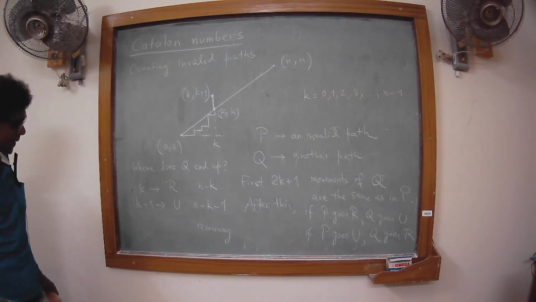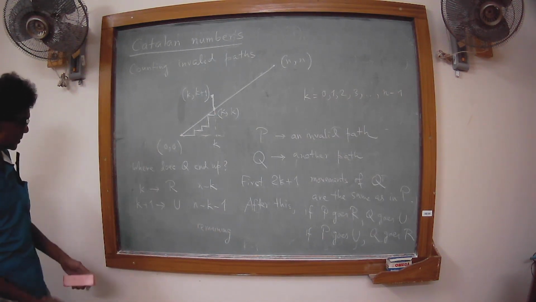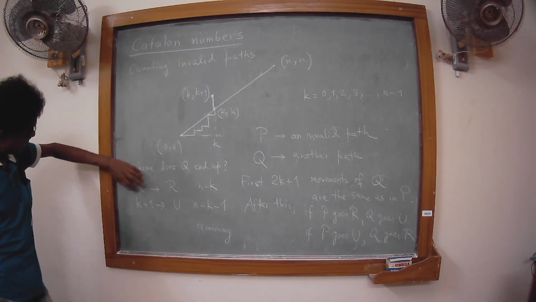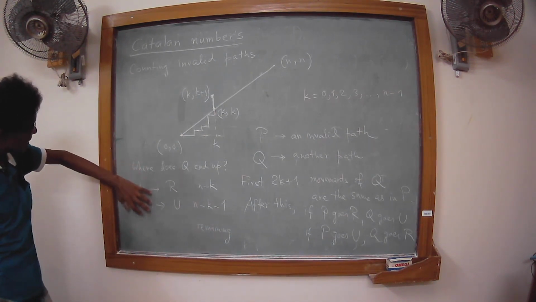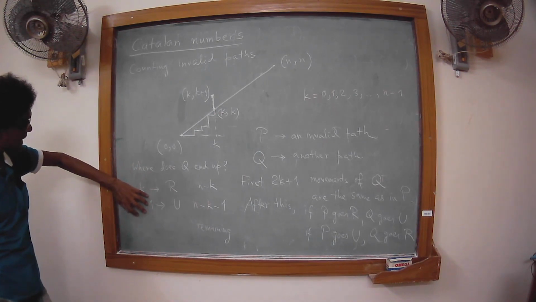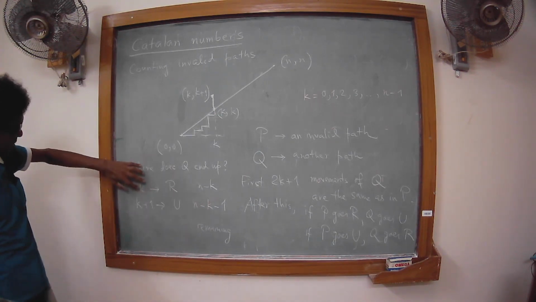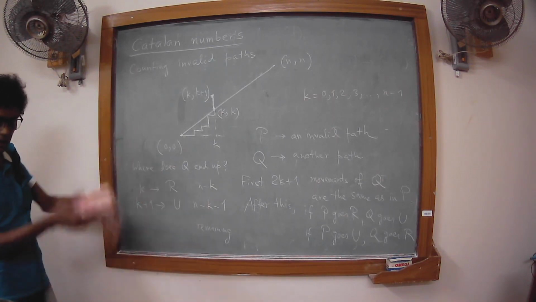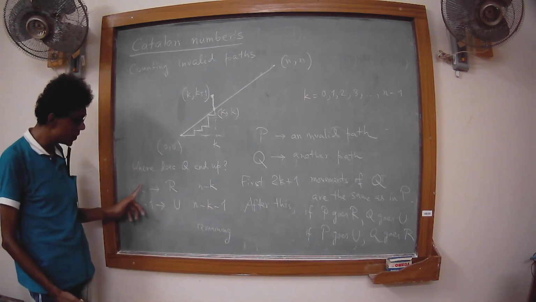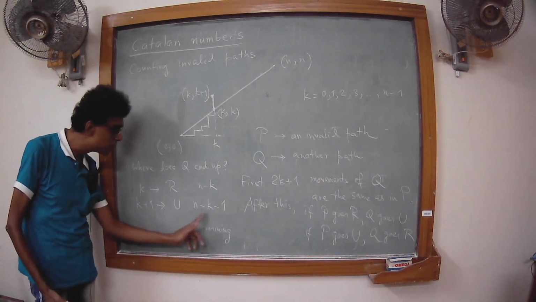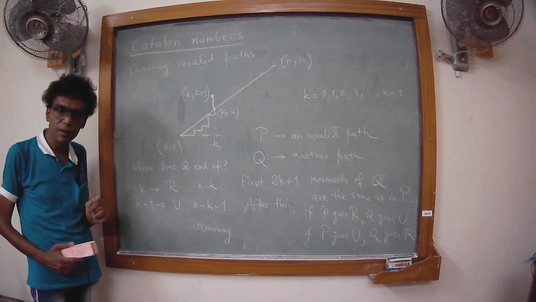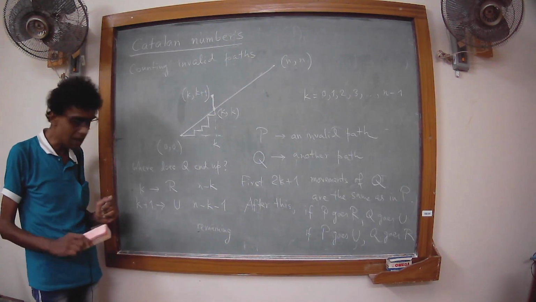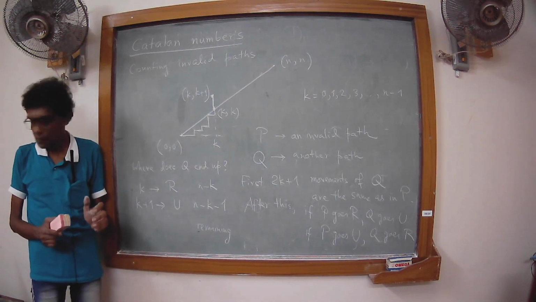Okay. Now what Q does, it initially makes exactly k right movements and k plus 1 up movements like P. After that, it swaps R and U. So that means Q after this makes these many right movements and these many up movements. Right? Because R and U are swapped.